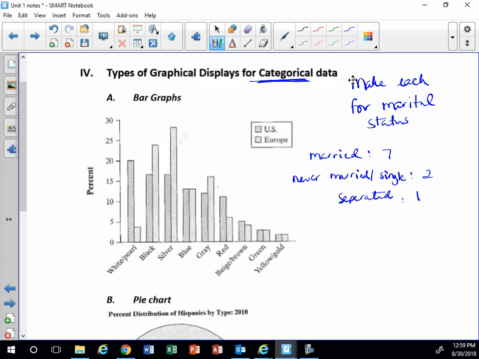Working around, it looks like you guys are doing a good job of putting a title on each of these, labeling your categories on there.